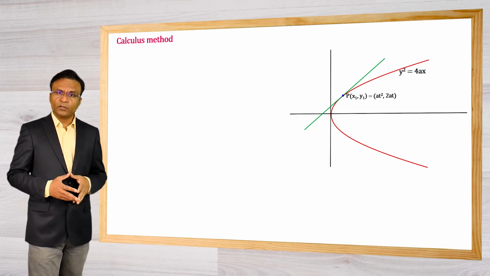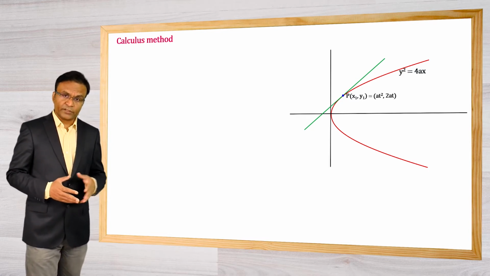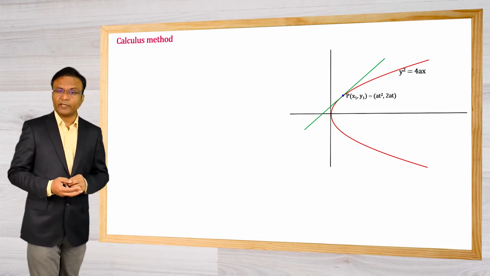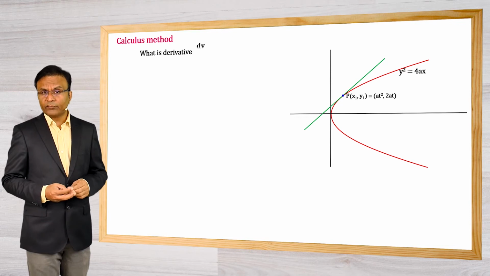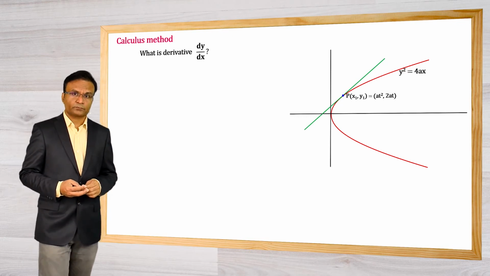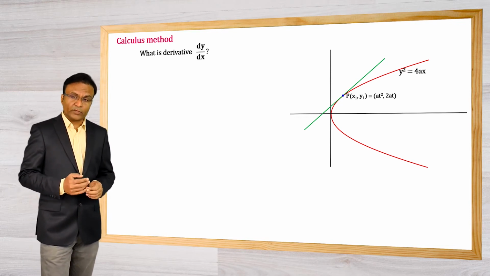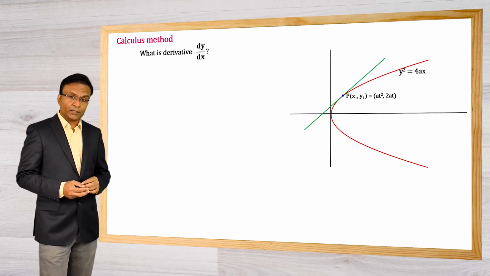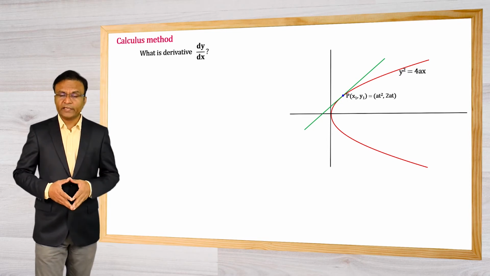Now recall the concepts of differentiation or derivative. You tell me what is the value of derivative dy by dx. What is the geometrical interpretation, or what is the geometry related to dy by dx?